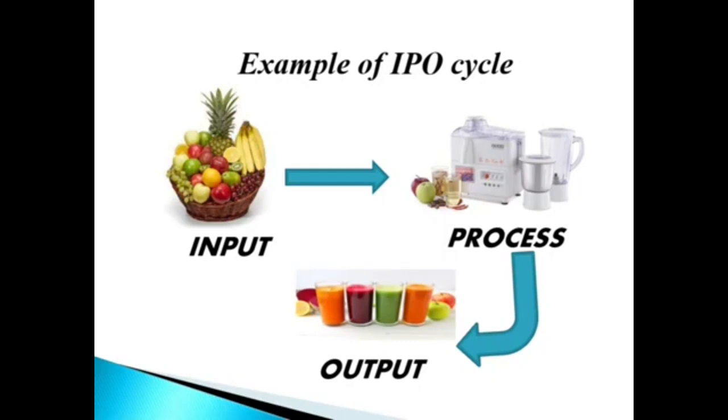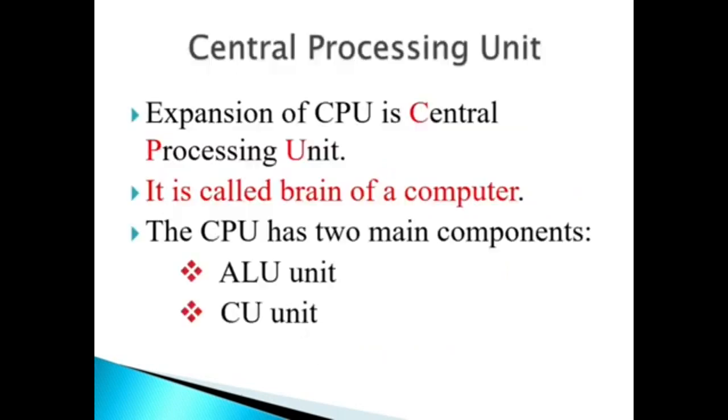How the CPU works. In CPU, C stands for central, P stands for processing and U stands for unit. So the expansion of CPU is central processing unit.